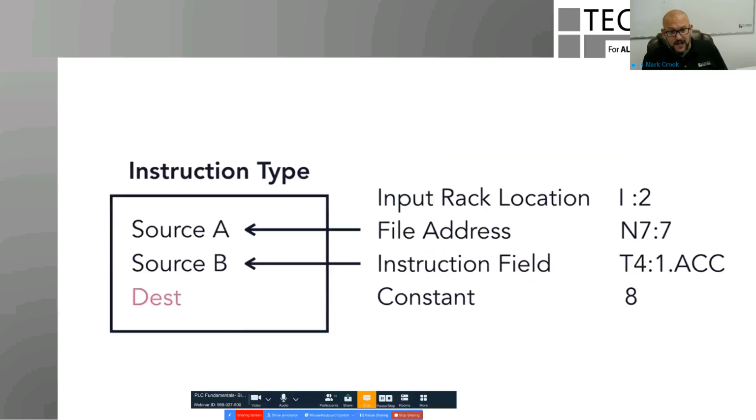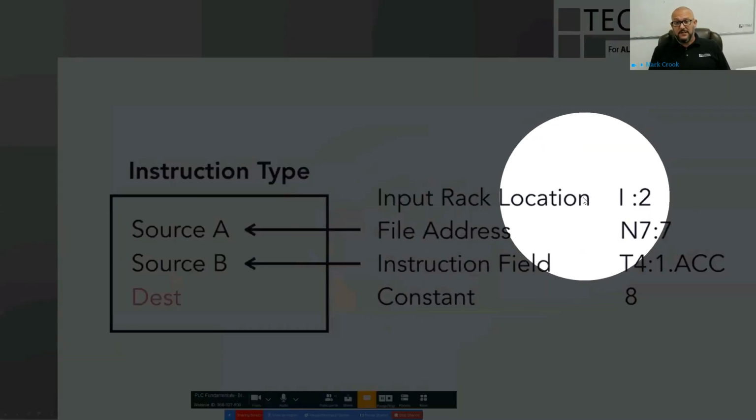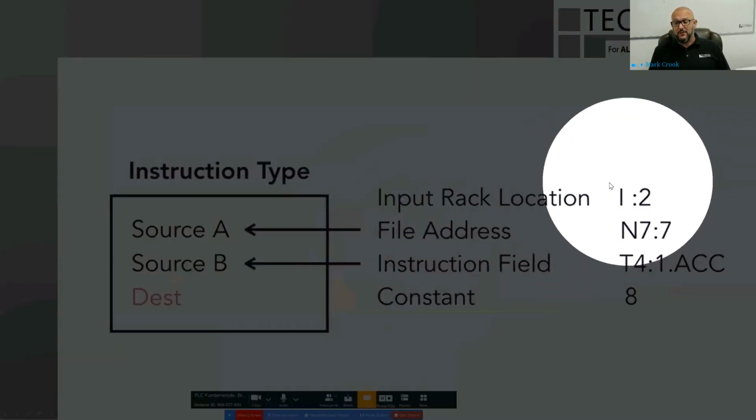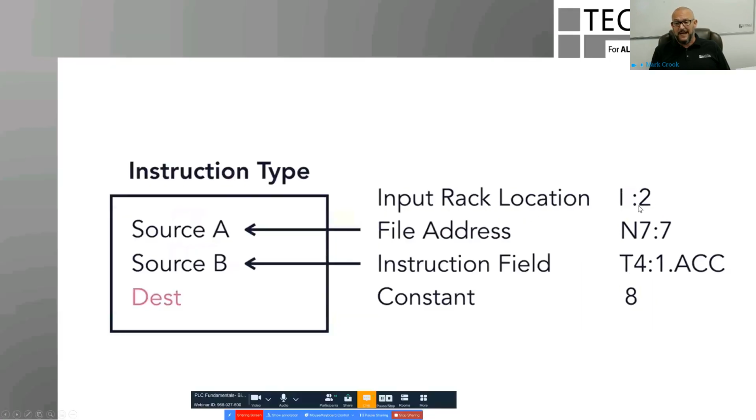So the types of maths instructions that are available and what we can put into them. For this particular example, what we could put into source A or source B could be the rack location, like we were using in the previous command, that's looking at the whole word itself. It could be a file address such as N7, which is basically, let's call it a pigeonhole where we can hold a value.